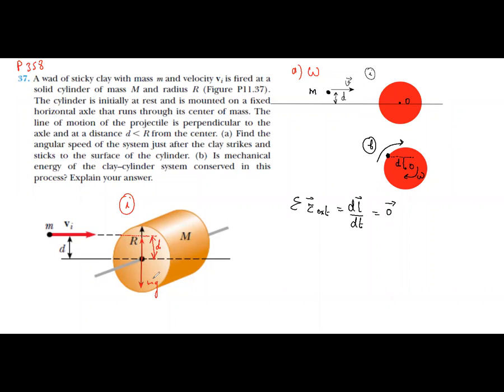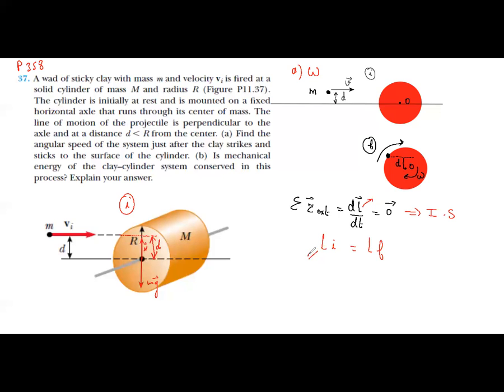Here we have mg, and here we have N. N and mg pass through the axis, so tau of N and tau of mg equal 0. In this case, L is constant, and here we have an isolated system. And L initial equals L final.